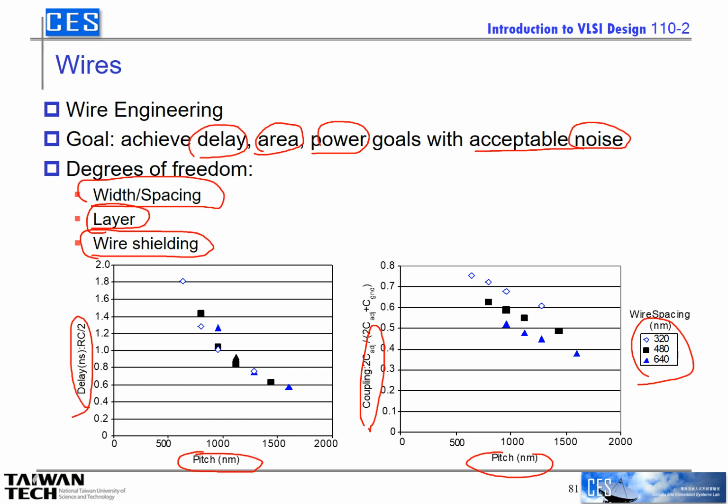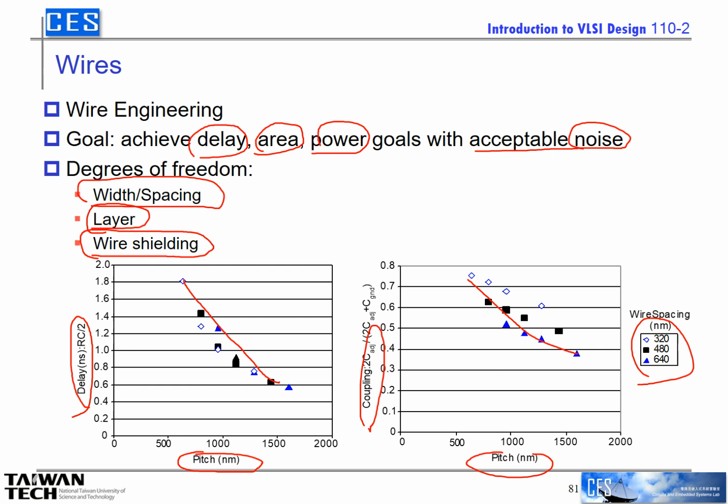If you increase the pitch, that usually means you increase the space between two wires, then you reduce the delay and you reduce the coupling. So that means we can play with those design factors like width, length, spacing, layers to control the delay, the complexity and the power.